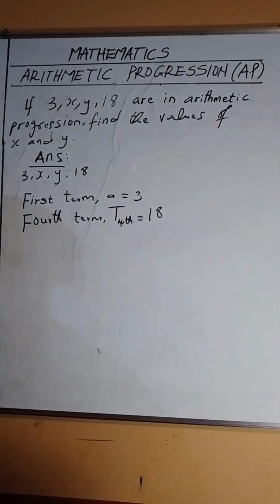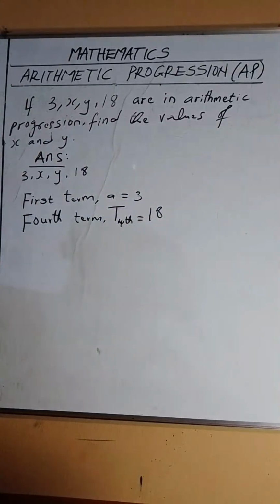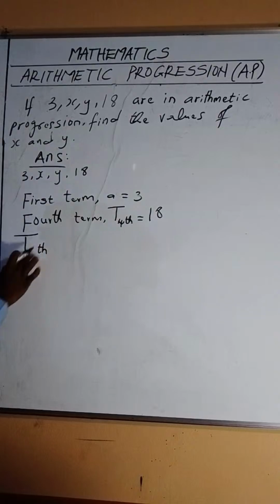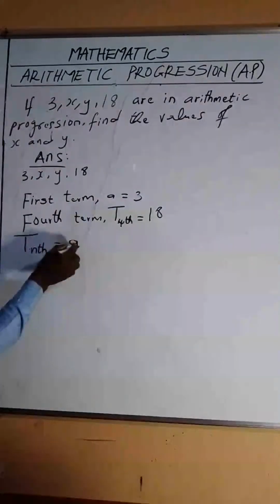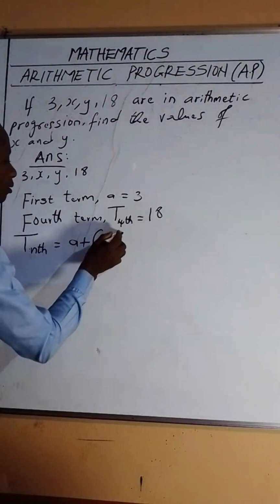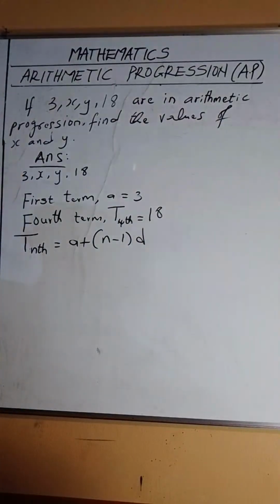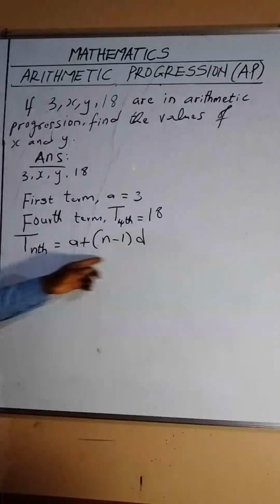Now, the formula for finding the nth term of an arithmetic progression is T-nth. We may call it U-nth or T-nth. So T-nth, that's for the nth term, equals A plus open brackets n minus 1, then D. All right, this is what we have here.